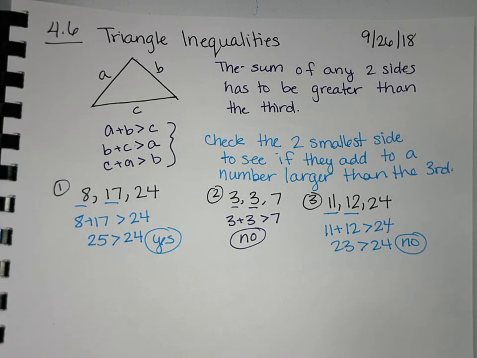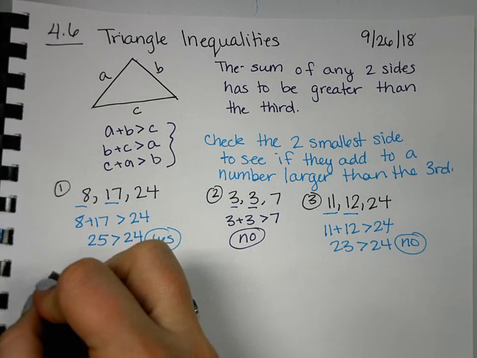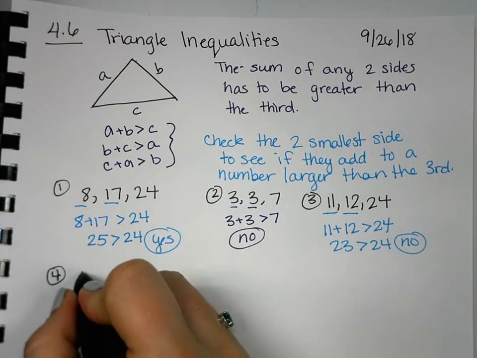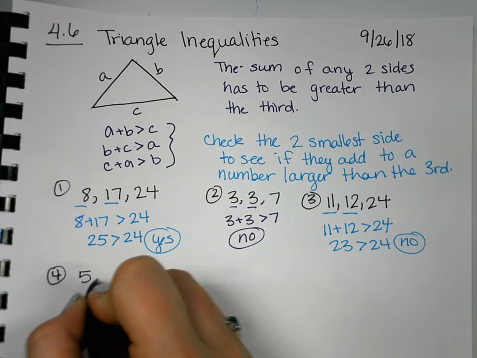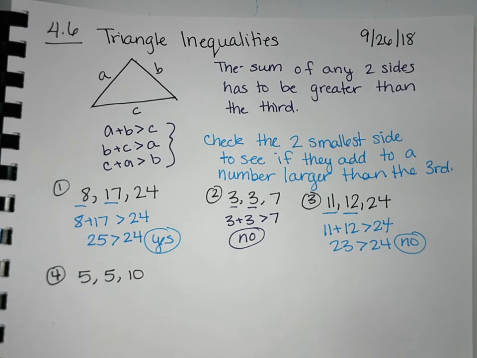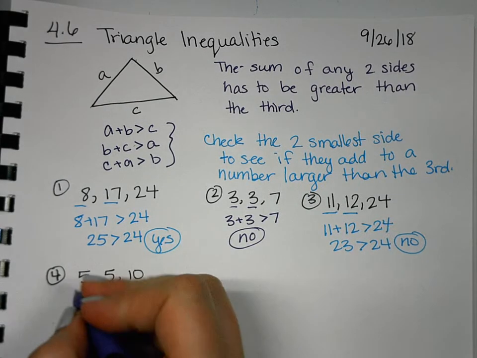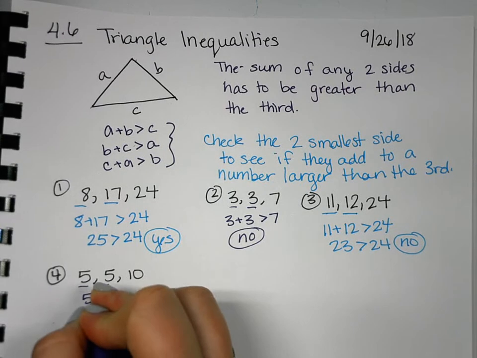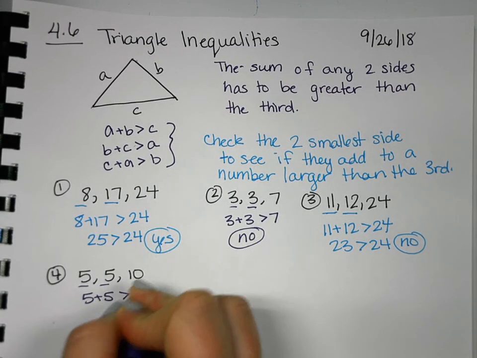And one of the things you want to be careful about is it has to be bigger. It can't even be equal. So let's throw a fourth one in here real quick so I can show you. If I were to do 5, 5, and 10, if we were to take the two smaller sides, 5 plus 5, is that bigger than 10?